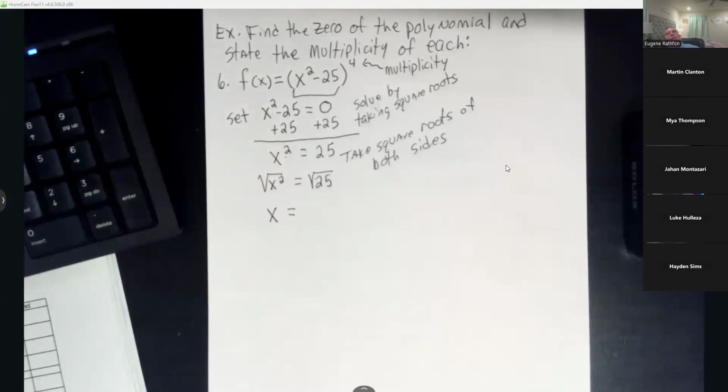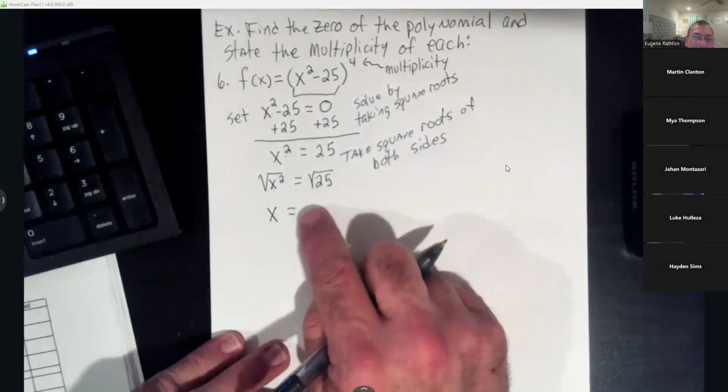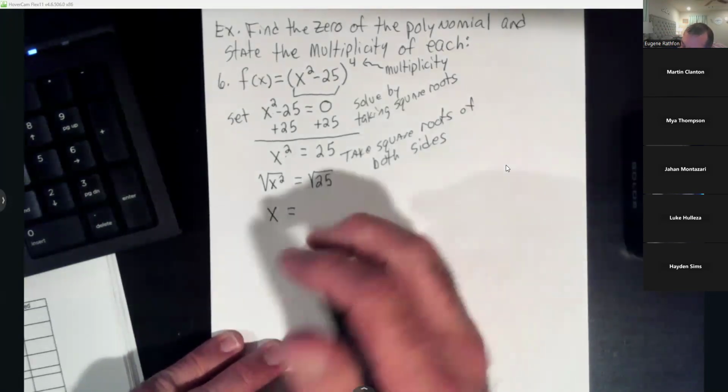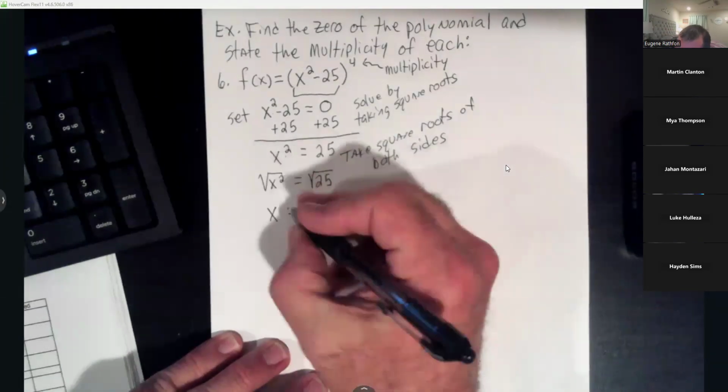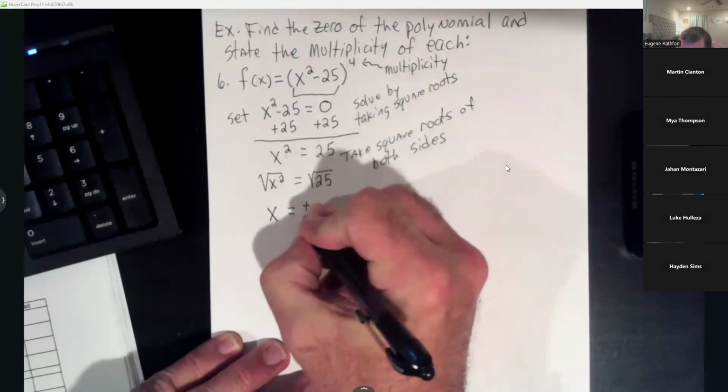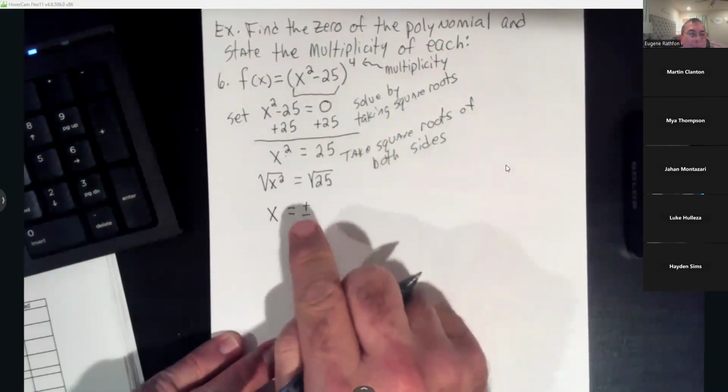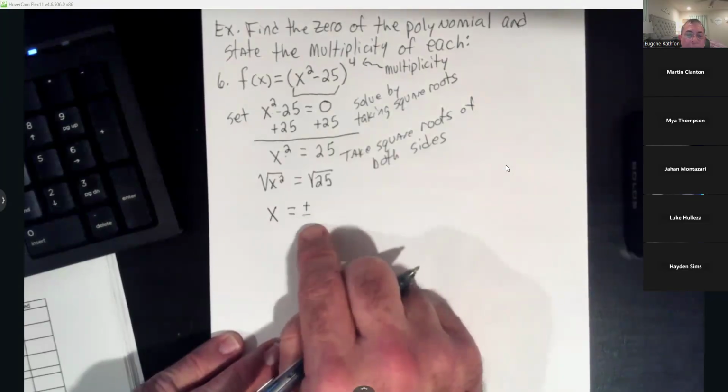So let me ask y'all this. What was in front of that square root radical on that quadratic formula? Okay, so let me show you. So Darren, you're half right. But anytime we do a square root of a number, you got to use that plus or minus in front of the number.